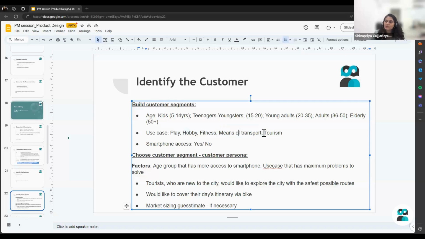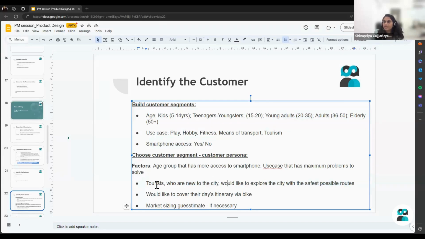This is also a set of people who may already be aware, already using it every day, and already have most things sorted in some sense. So I figured that tourists are one segment, and young adults are the set of people with maximum exposure to smartphones. So I went after tourists who are new to the city and would like to explore it with the safest possible routes.